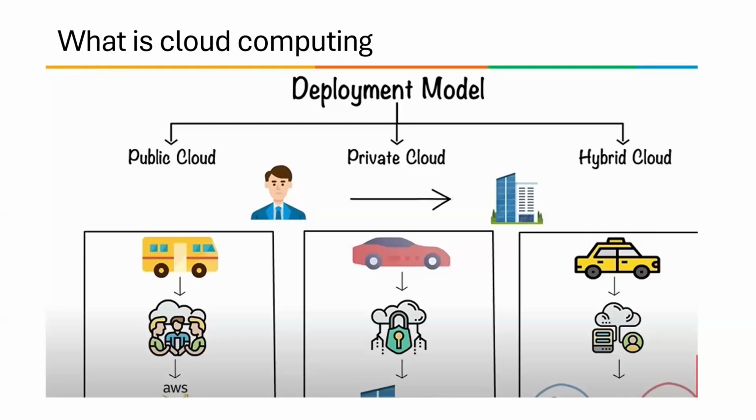Private cloud means I want my data in a separate space, not with the public. That is also done. Previously, public cloud is like a public transport bus. This means having our own vehicle, which is our own car. So like that, there is a big cloud building. So I want my private cloud. I don't want to mix up with any other people.